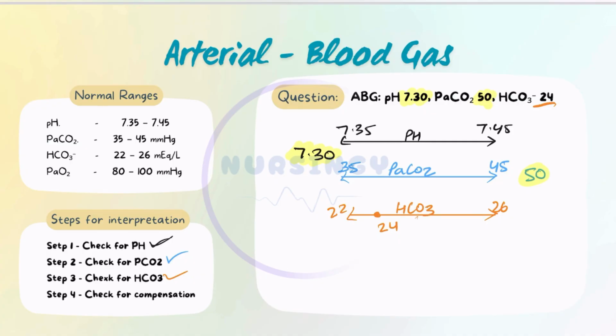What we have learned is that with uncompensated, if pH is abnormal, but only one other component is abnormal, that is only the respiratory component, that's why it is uncompensated respiratory acidosis. Okay, let's move to another example.